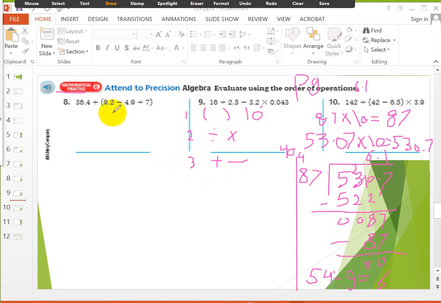So the first thing, the parentheses, and after that I have to do the multiplication and division. Why? Because this is the strategy in math. You have a strategy to order the operations. You start with powers and parentheses first, then division and multiplication, and the last thing is addition and subtraction. So here I have to do the division.